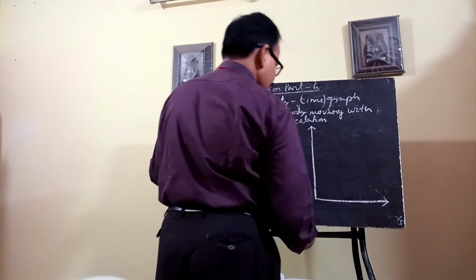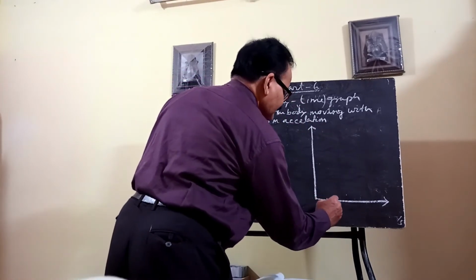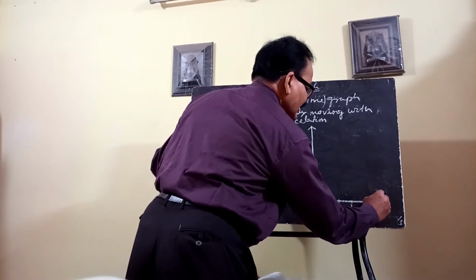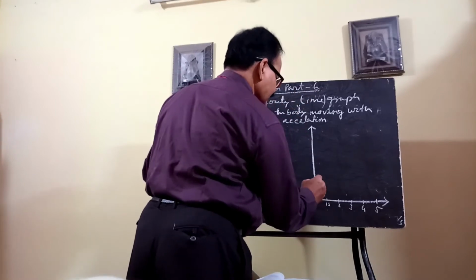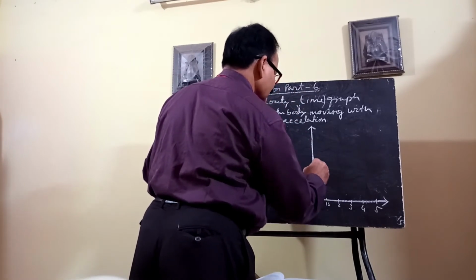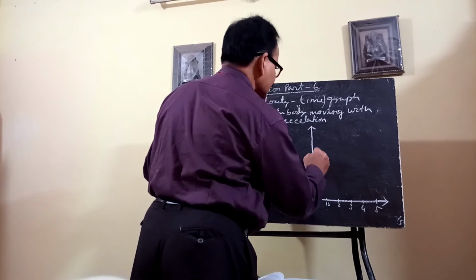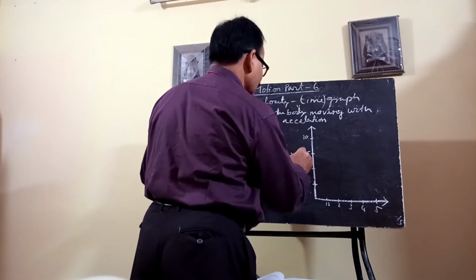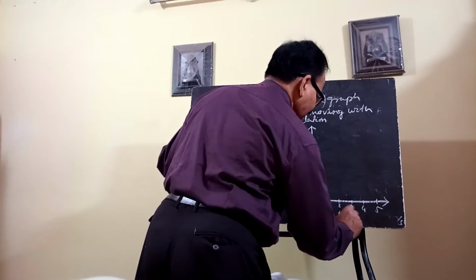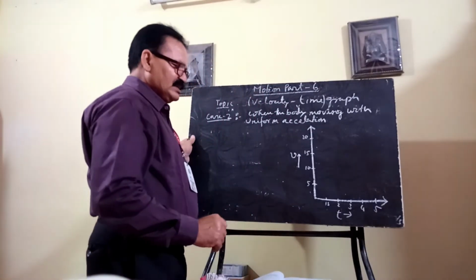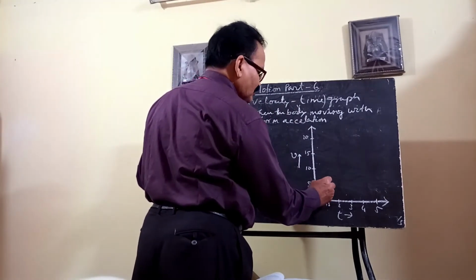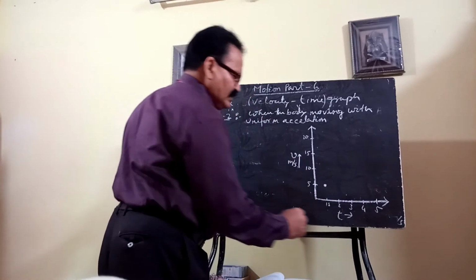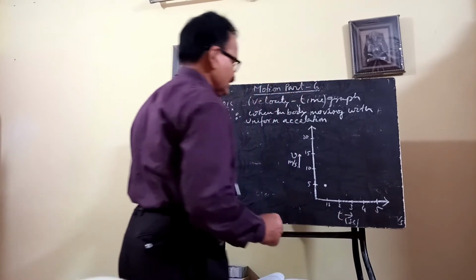suppose this is your 1 second, 2 second, 3 second, 4 second, 5 second. Say this is 5, 10, 15, 20. This is your velocity and this is your time. Here the unit is meter per second and time is in seconds.